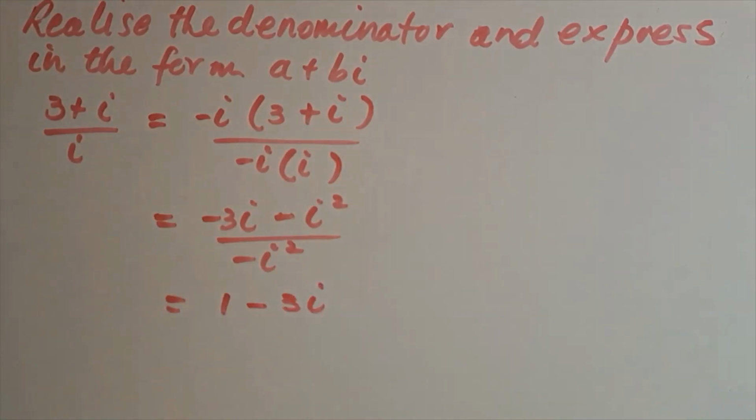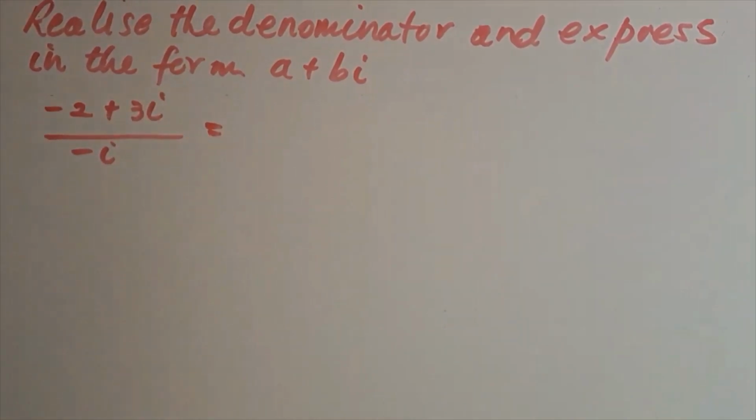So we've just realised the denominator. The denominator happens to be 1, so we don't need to actually write that. Here we have a denominator of minus i, so the complex conjugate of minus i is positive i.